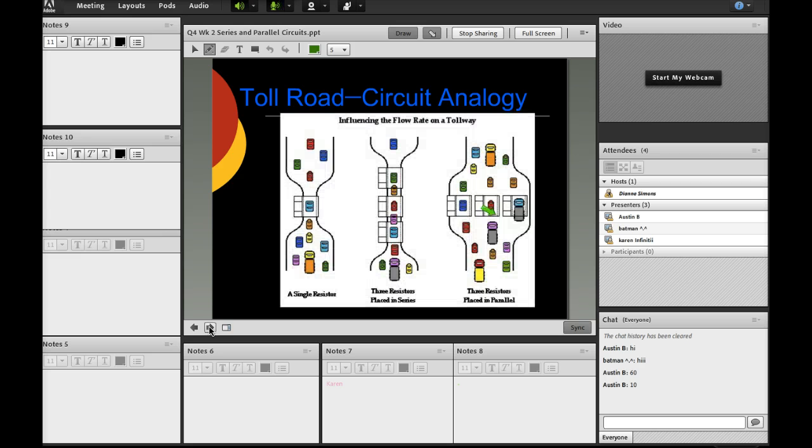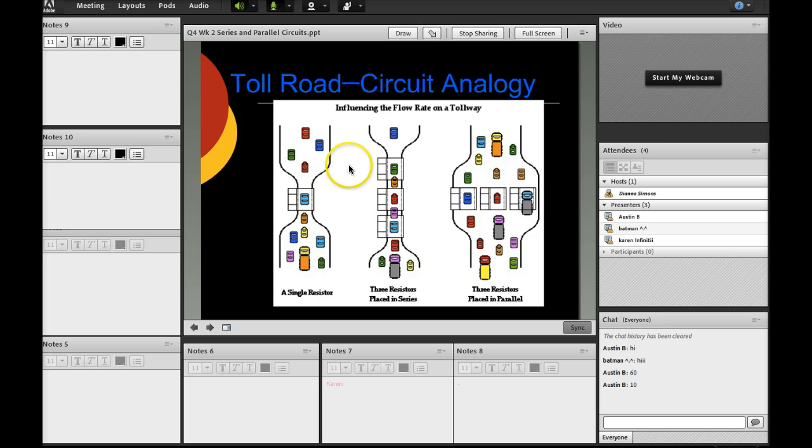This is just to help you. When we have a parallel circuit, that means more things can flow through. In a series, this is where things get all backed up.